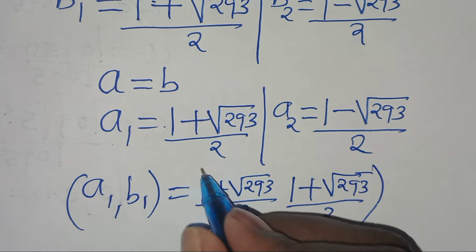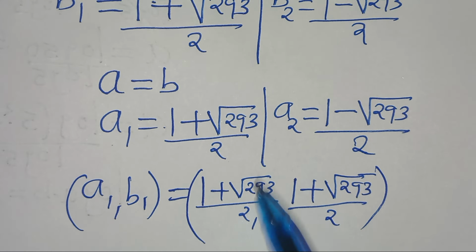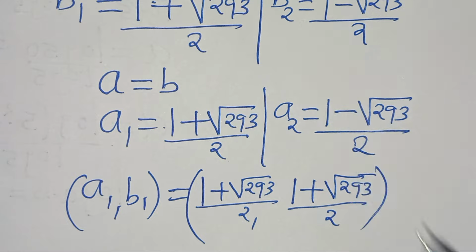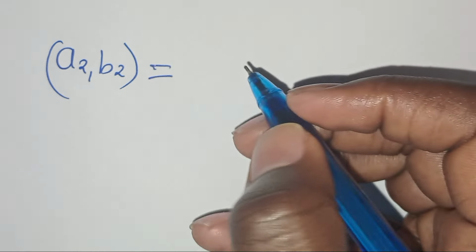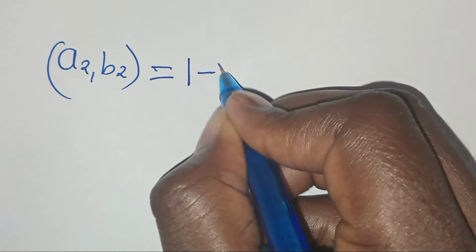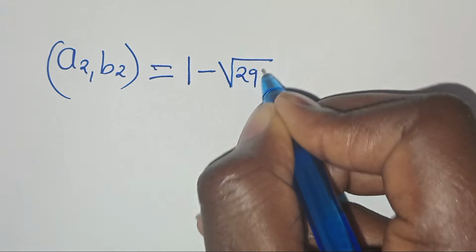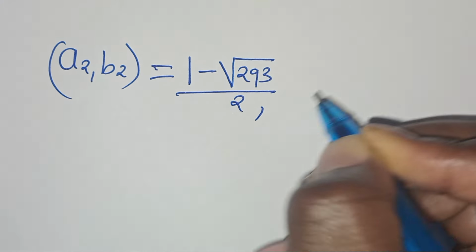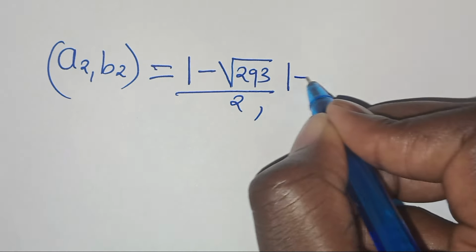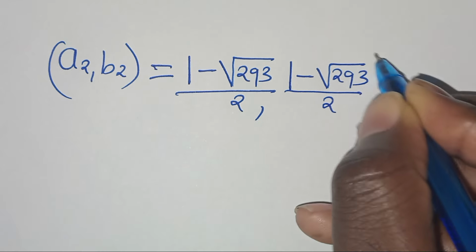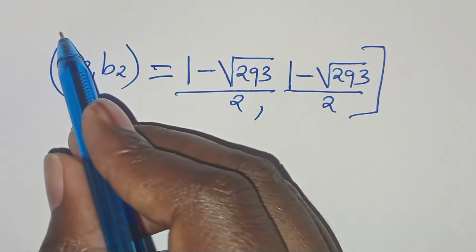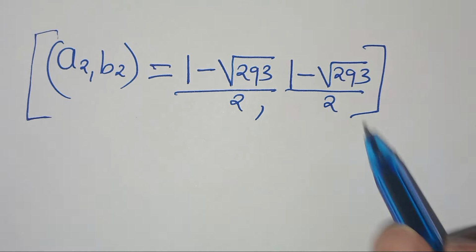So this is the first set of solution, and that a2 comma b2, this is equal to 1 minus the square root of 293 divided by 2, and we have b2 is 1 minus the square root of 293 divided by 2. So this is the second set of solution that we have.